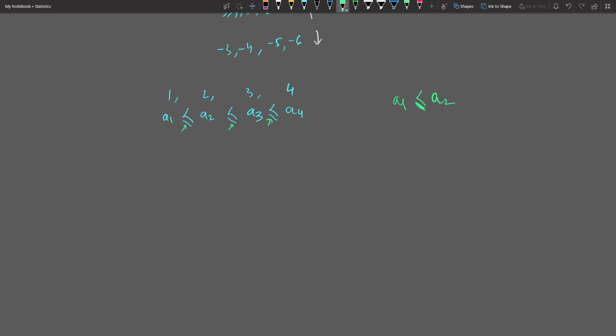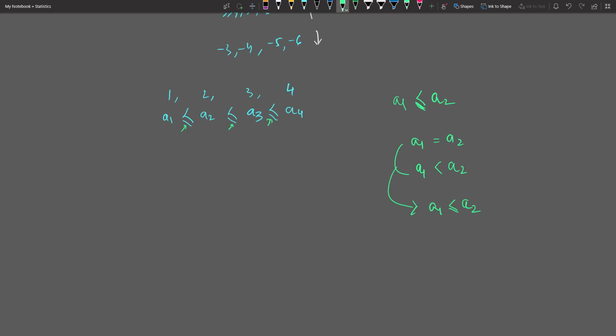Monotonically increasing function also has two parts: one is monotonically increasing and another one is strictly monotonically increasing. This is not strictly increasing, it can be a1 equal to a2, and otherwise it will be increasing.